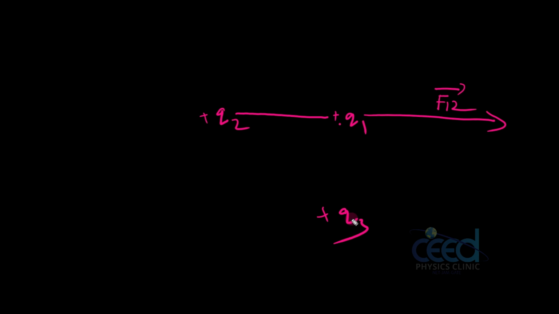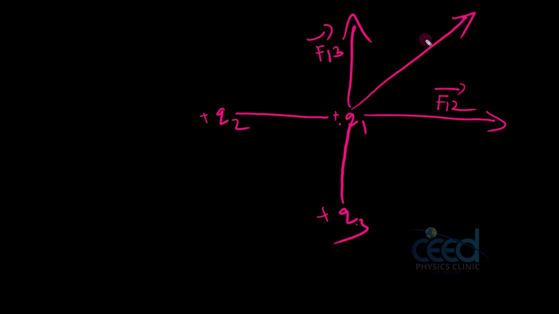Now, at the same time, this 3 also will make a force on this charge Q1. Then the force on 1 is in this direction, because this Q3 repels this Q1. So we may write this as F13. Now, if two forces are like this, from the triangle law we already know the third side of this triangle will represent the resultant.